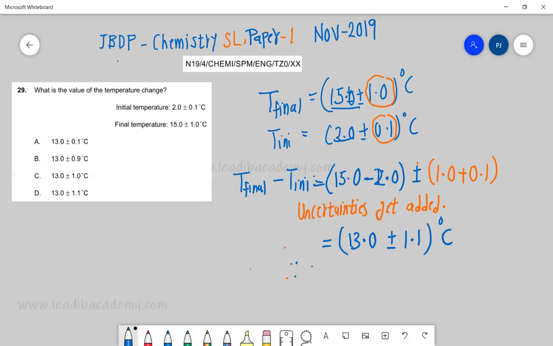Whenever we take a difference, the uncertainties get added. Even if we are subtracting two parameters like final and initial, the uncertainties still get added. Errors never get reduced. That is the learning.